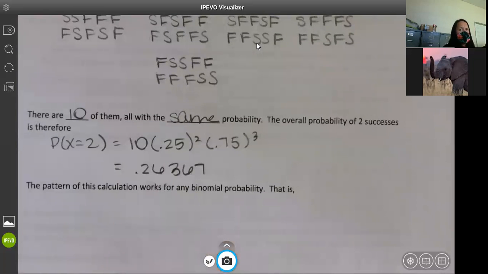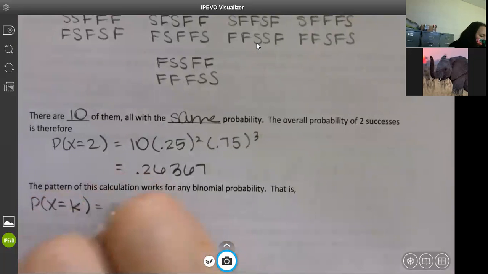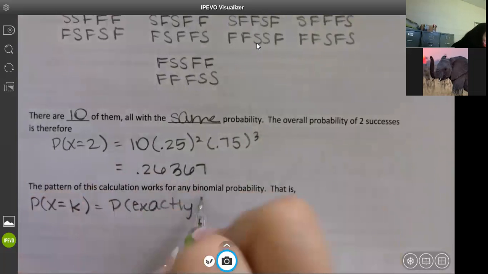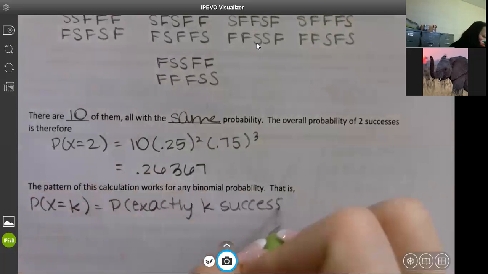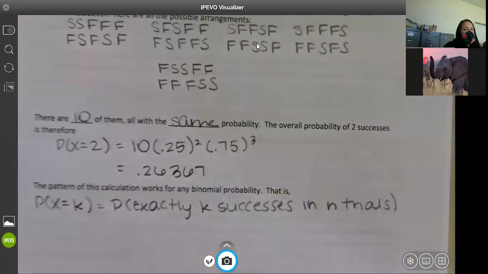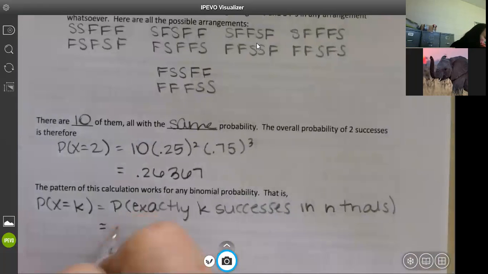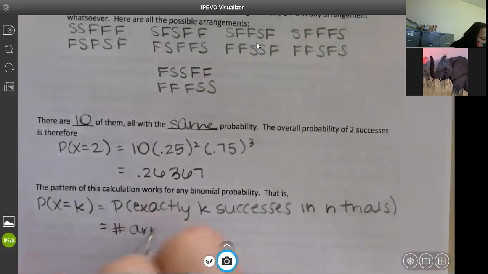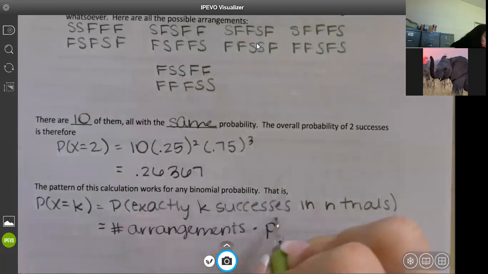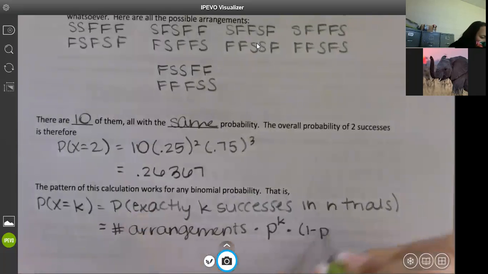So the pattern of this calculation works for any binomial probability. That is, the probability that X equals k is the probability of exactly k successes in n trials, which is the same thing as the number of arrangements times the probability of successes to the number of successes times the probability of failures to the number of failures.